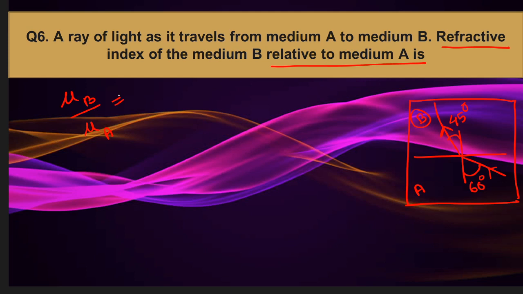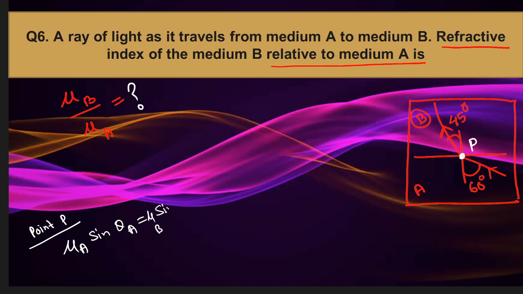Now we know that from Snell's law, if we suppose this is the point of incidence P, using Snell's law at point P, we can write that mu A into sine of theta A equals mu B into sine theta B. This is Snell's law.